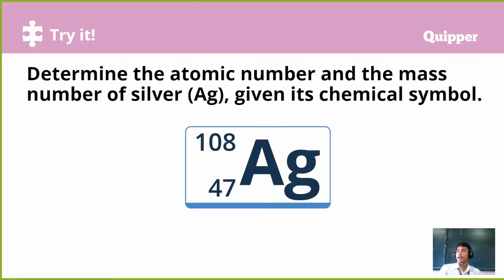So, let's try to determine the atomic number and mass number of silver. Silver has an atomic number of 47. So, let's identify what is the atomic number. Kasi sabi dito, determine the atomic number.